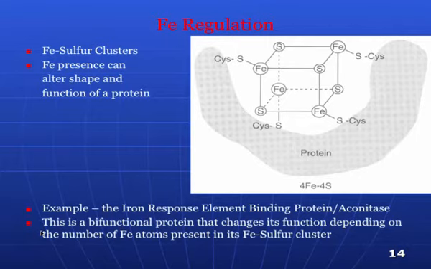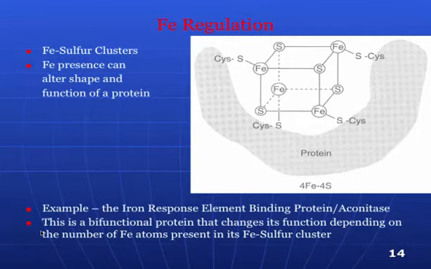If a cell has high iron, it can decrease receptors. So when we go through this information on iron regulation, those are important proteins to remember: transferrin receptor and ferritin.